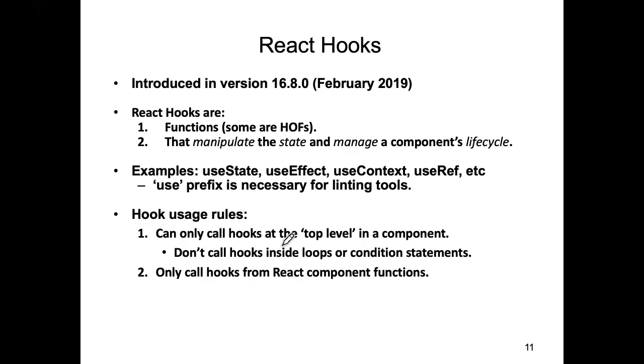So now, the second rule is obviously these hooks only make sense in the context of a function that represents a React component, but that kind of goes without saying. The really important one is this one here. So if you start invoking any one of these hooks, let's say from within the body of an if statement, you'll get an error at the kind of compile, at the source level, rather than at the runtime.